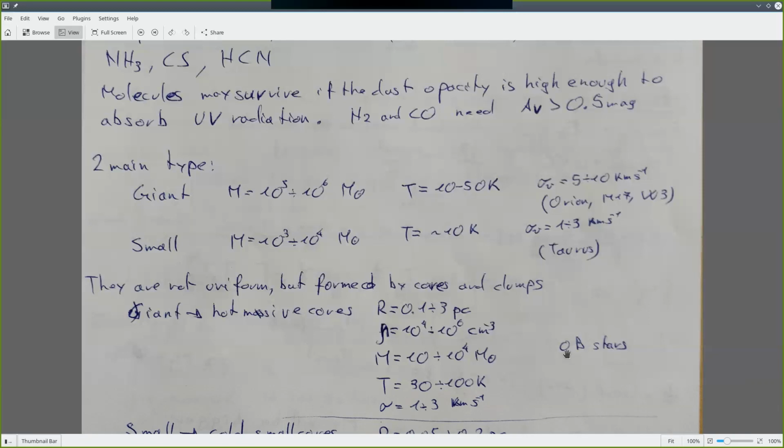You can find several stellar systems inside, some clusters, for example the double cluster of Perseus. This pair of clusters are connected more or less between them.